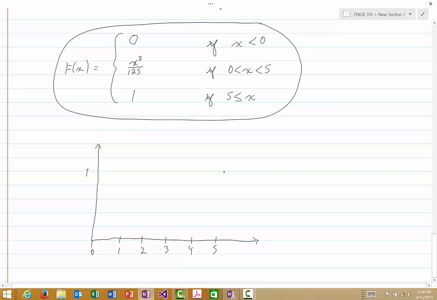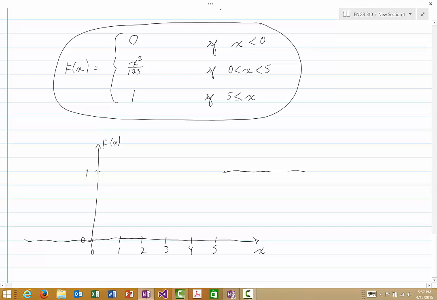And if we call this 1, and this is 0, then everywhere to the left, capital F of x is equal to 0, and everywhere to the right of 5 is equal to 1, and in between here, it varies as x cubed. Well, I guess we could do this real quickly. So, 4 cubed over 125 is going to be very close to 1/2.